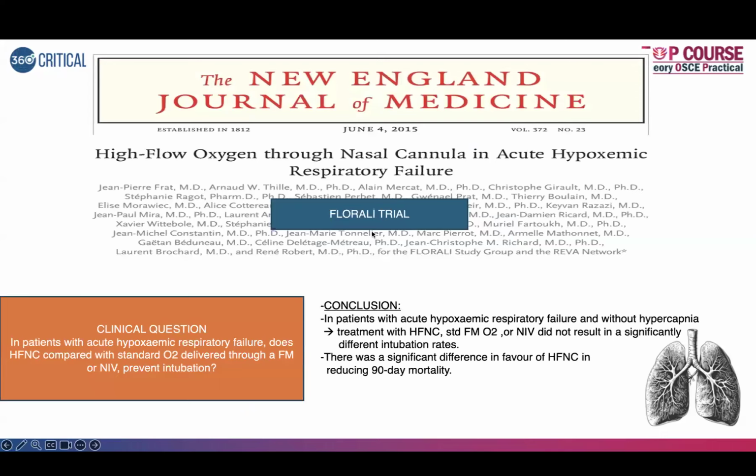Then you have the FLORALI trial. In that, the clinical question was, in patients with acute hypoxic respiratory failure, does HFNC compared with standard O2 delivered through a face mask or NIV prevent intubation?